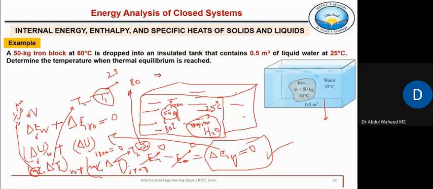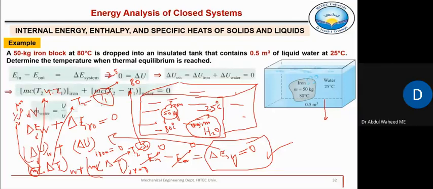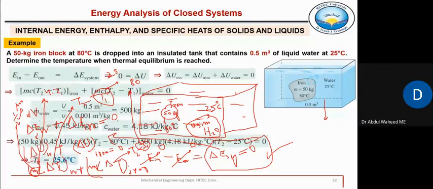C of water वो टेबल से देख लेंगे 4.2 किलो जूल्स पर किलोग्राम. सिमिलरली C of iron वो भी टेबल से या गिवन होगा. ठीक है. So that is the equation which we need to solve. और इसमें there is only one unknown and that is T2. So ये पूरा solution यहाँ हुआ है. Solved example है.